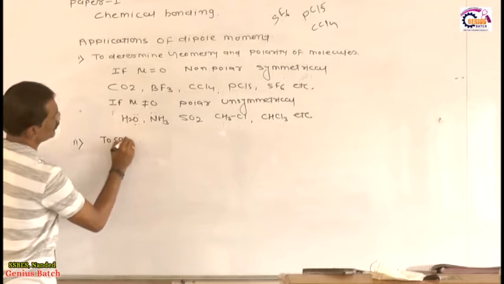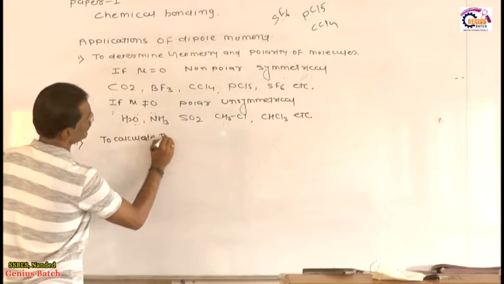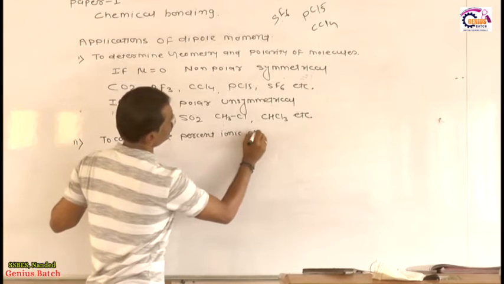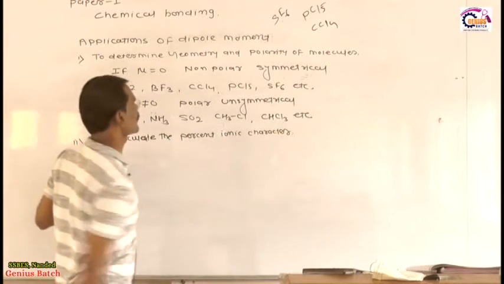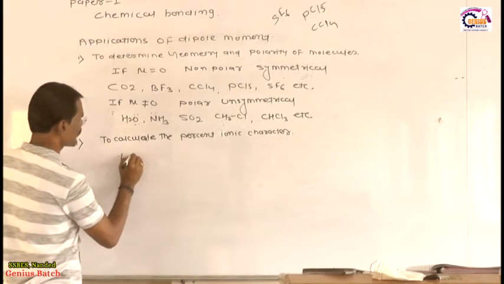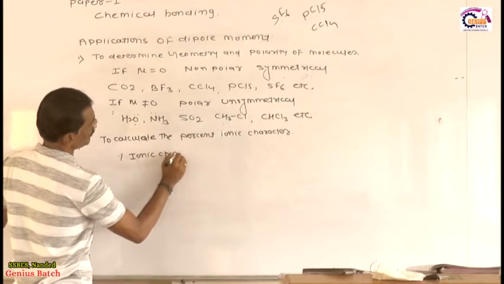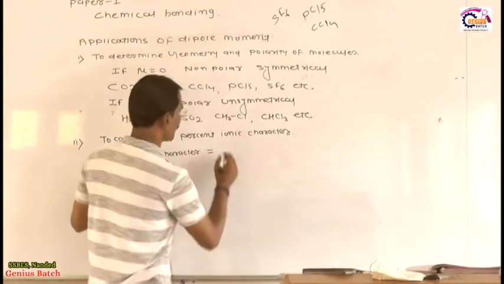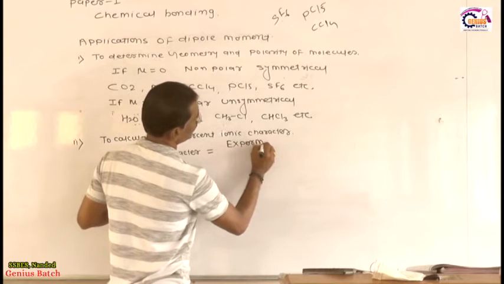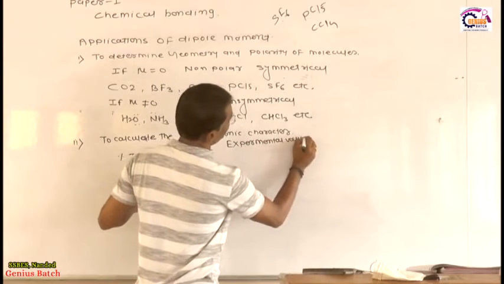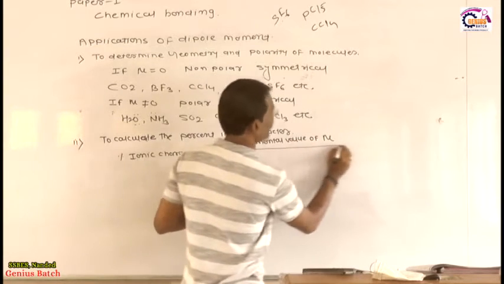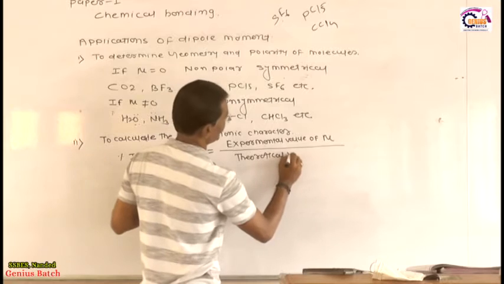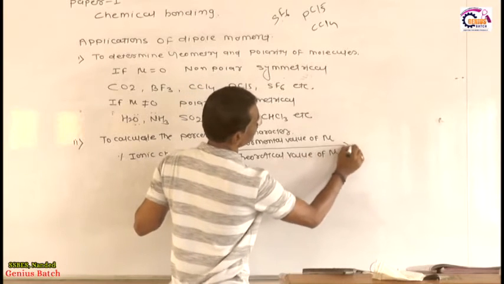Listen, this is a formula: percent ionic character is equal to experimental value of mu divided by theoretical value of mu, and finally into 100.